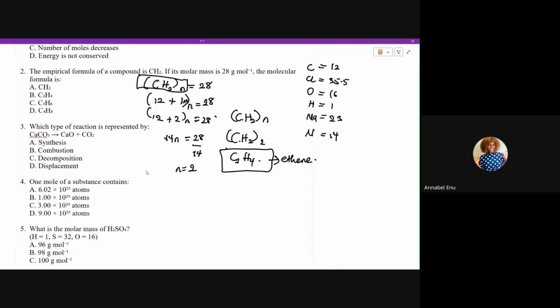Okay, no question. Now the next question says, which type of reaction is represented by this?